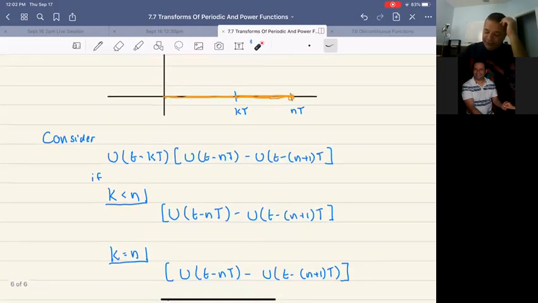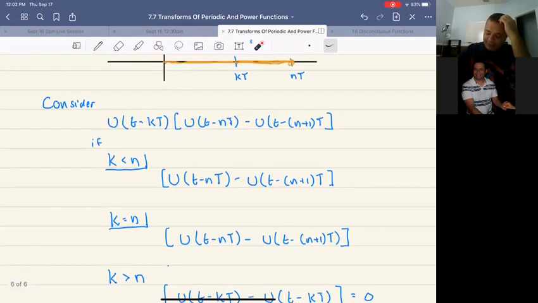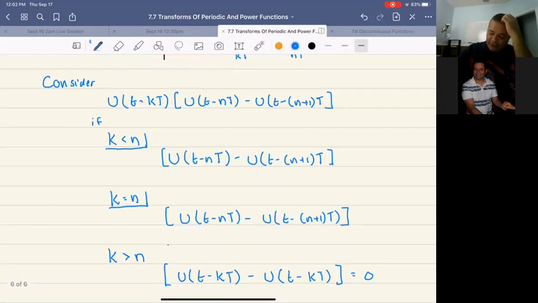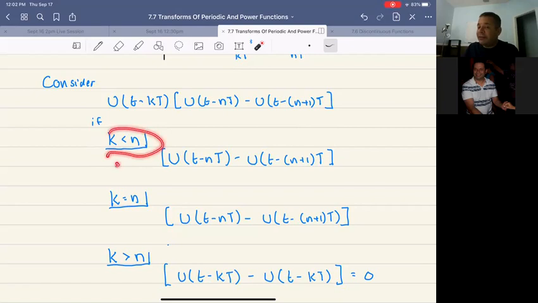So next, let's take a look at what happens in 3 cases here, multiplying a step function by a window function. Okay, so now if k is less than n, then it's also less than n plus 1, right? So remember, when you multiply step functions together, you're going to be left with the larger one.